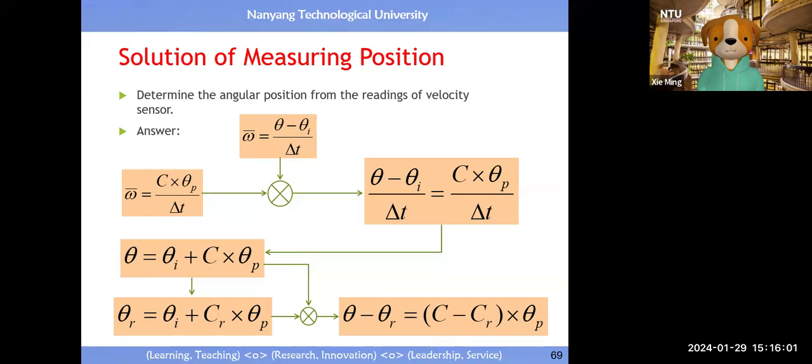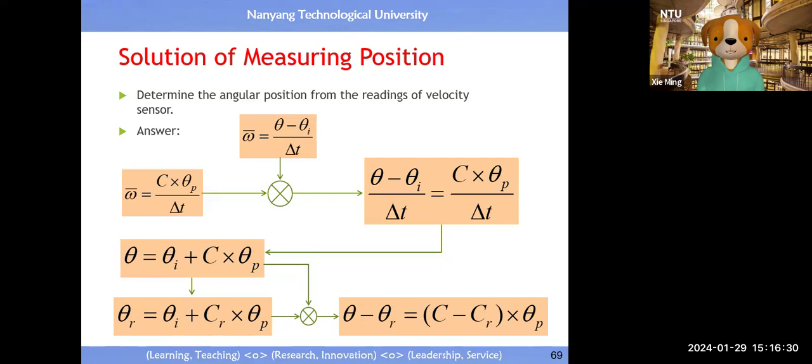So we locate it when the signal R appears, then we have theta R equal to theta I. When the signal R appears, remember the count, the counter's value is CR. You just remember this one, right?